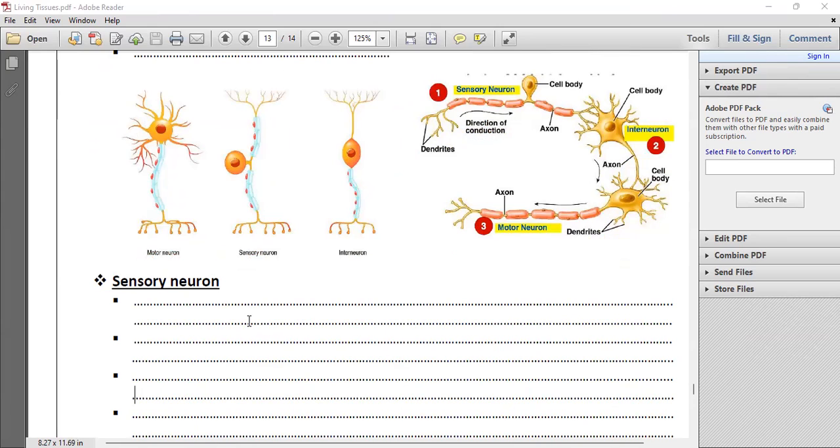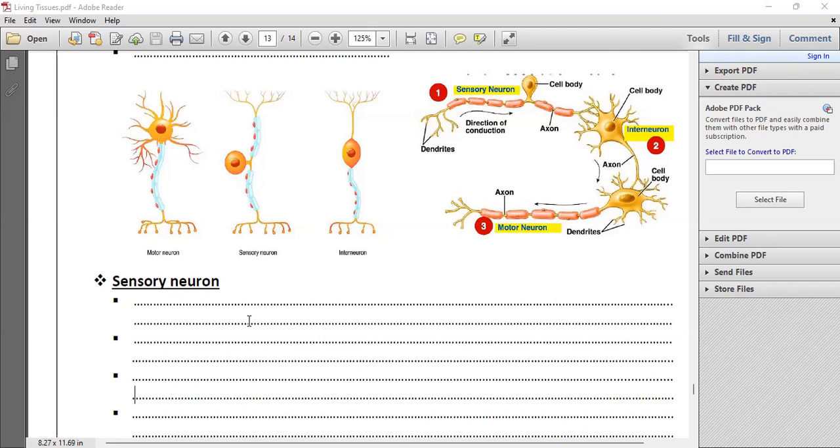If the eye sees something, if the mouth tastes something, that impulse will be sensed by the sense organ, and then the impulse will be handed over to the sensory neuron.